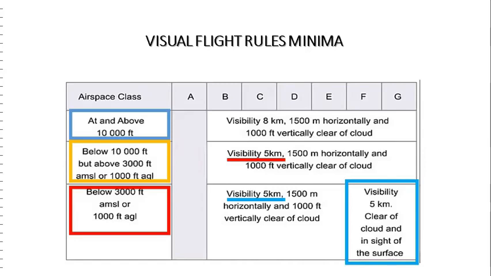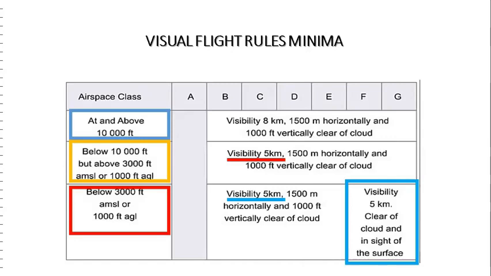If we are talking about below 10,000 feet but above 3,000 feet above mean sea level, or 1,000 feet above ground level, in this 5 kilometer visibility is required, and 1,500 meters horizontally and 1,000 feet vertically clear of cloud. So the difference between the first two is visibility of 8 kilometers and visibility of 5 kilometers.